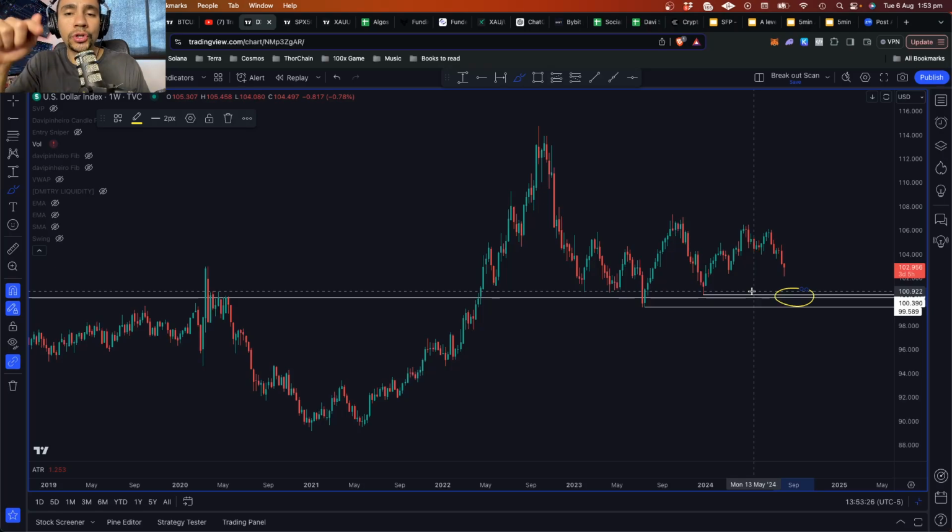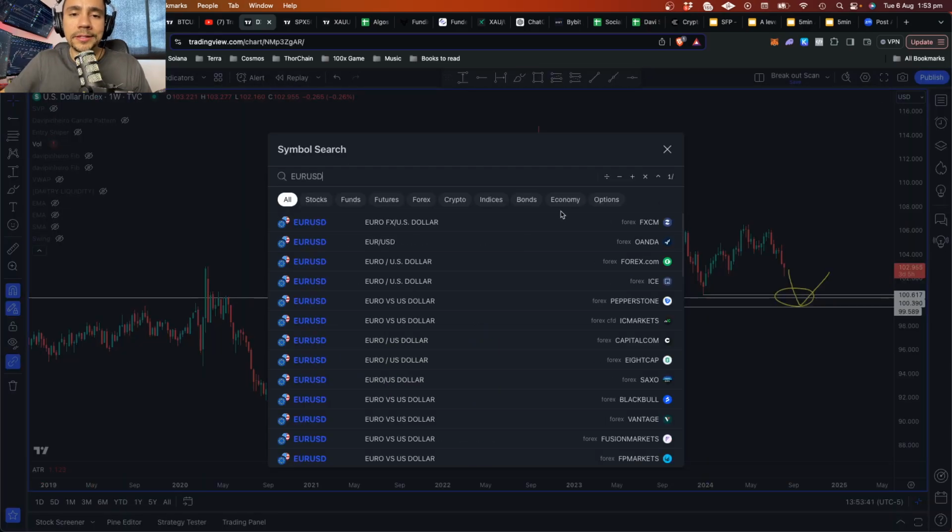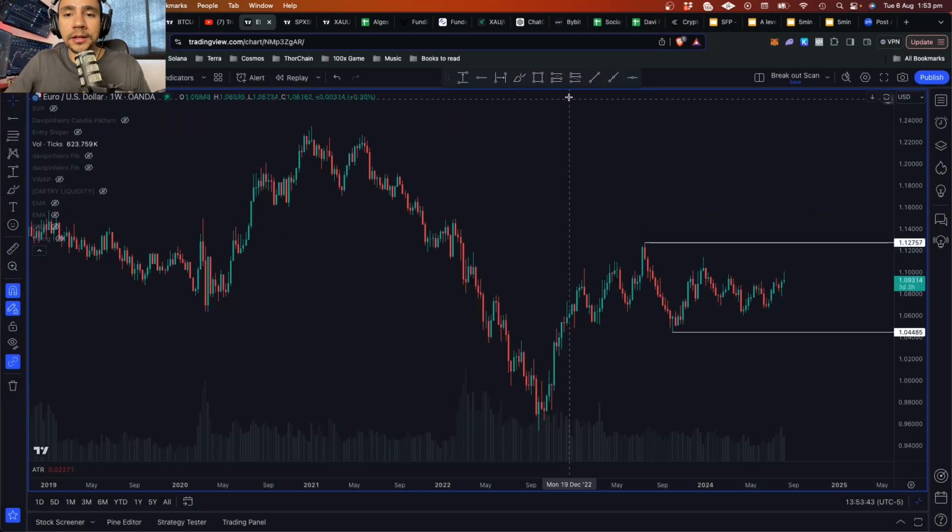If you short Euro USD, you are long the dollar. So the same thing. If you want to short Euro USD, you want to see this chart at support. You want to see this chart coming down here and then bounce from the support. And Euro USD, you probably want to see this coming into, for example, this level of resistance and then bounce from it.